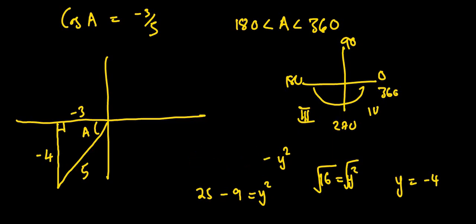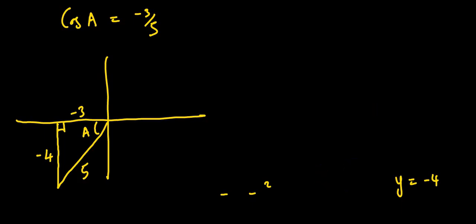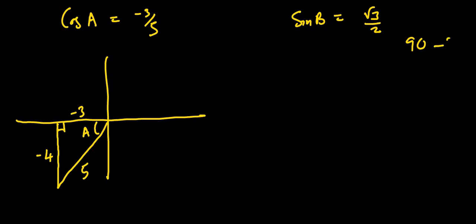So you have this first triangle. We know we're dealing with a third quadrant, meaning only tan has to be positive. The other two are going to be negative because we're dealing with a third quadrant. Then there's also sin B. Sin B is equal to root 3 over 2, between 90 to 270.